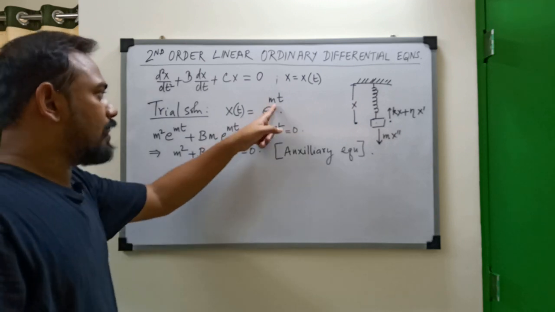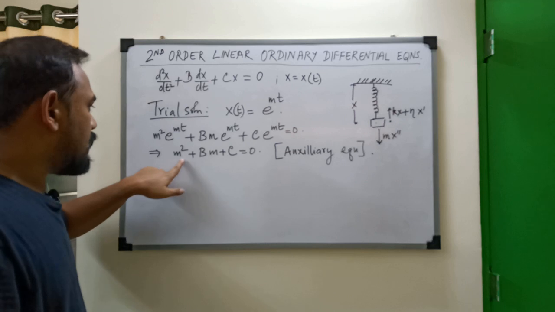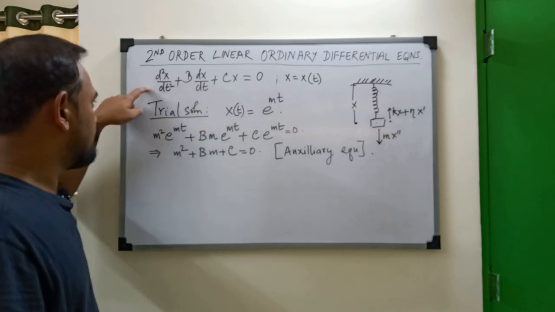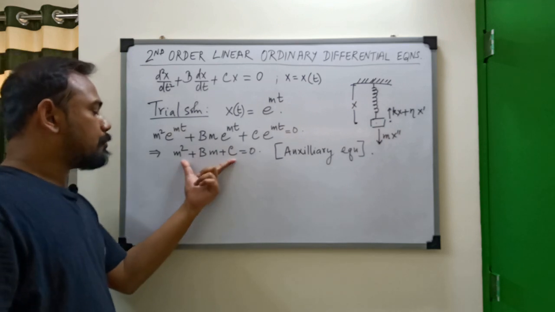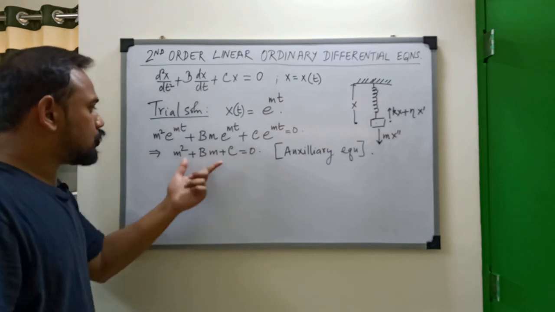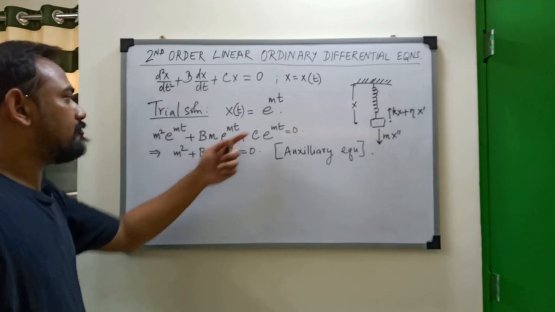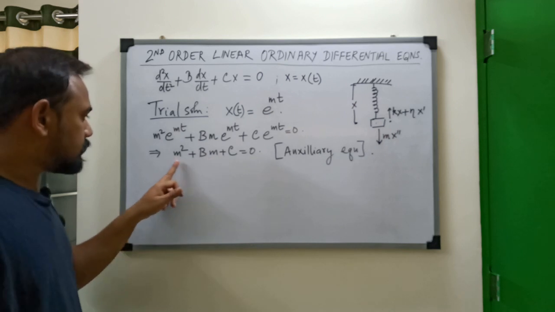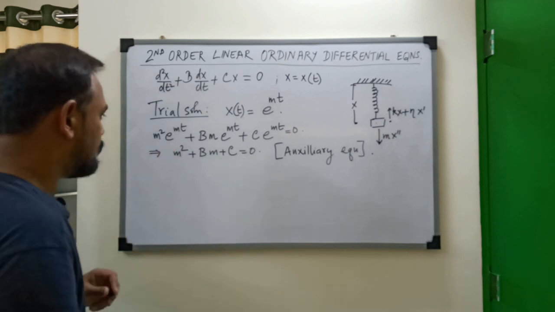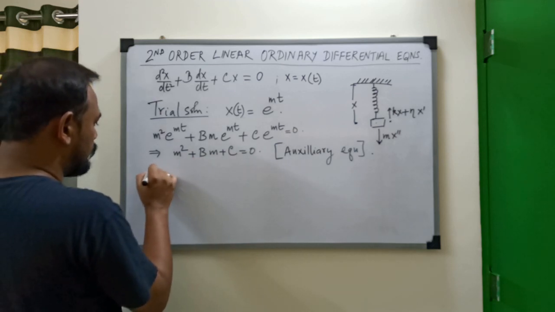Now, the objective was to find this m, the correct m for which this would become a solution. And now I find this is the quadratic equation which will give me that m. So let's just solve this quadratic equation and you will have your correct m. But of course, there are going to be two roots of this because it's a second degree polynomial function. So what are the roots?